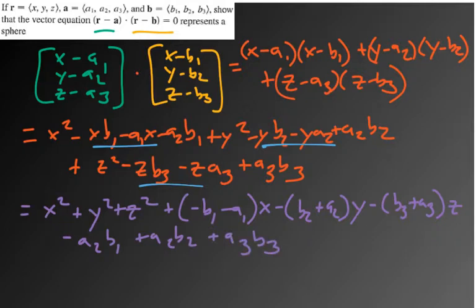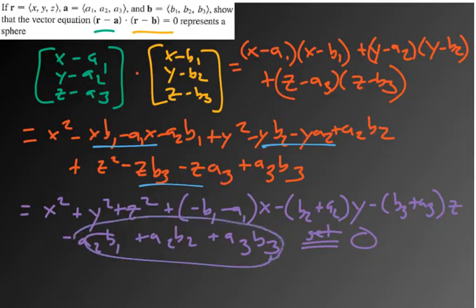Okay, so this thing was set equal to 0 just by definition up there, and what I was saying before is if you move this whole part over to the other side, it fits your style of a sphere. It would look like x squared plus y squared plus z squared plus some number times x plus some number times y plus some number times z equals 4 or something like that.